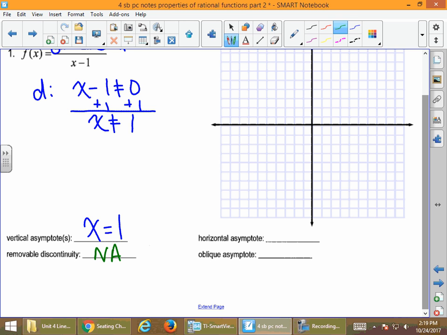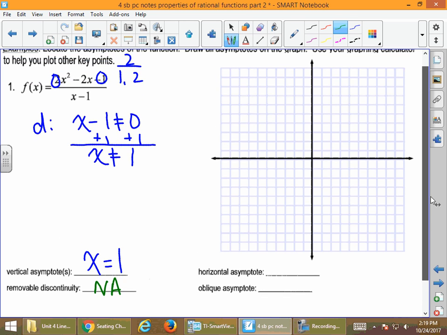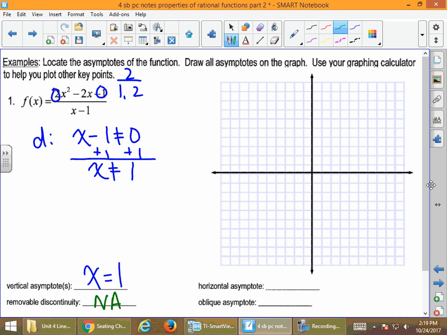But then we're gonna go back and look at the horizontal and the oblique to determine whether we have one of those, I should say. And we determine this by looking at the degree of the function. And what we're looking at here is that the degree on the top is 2.